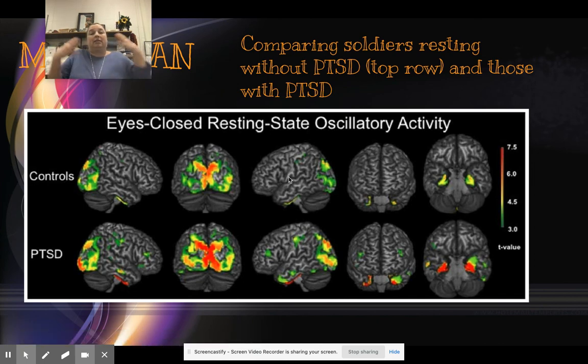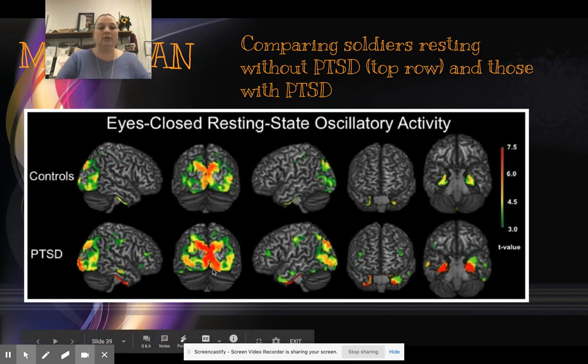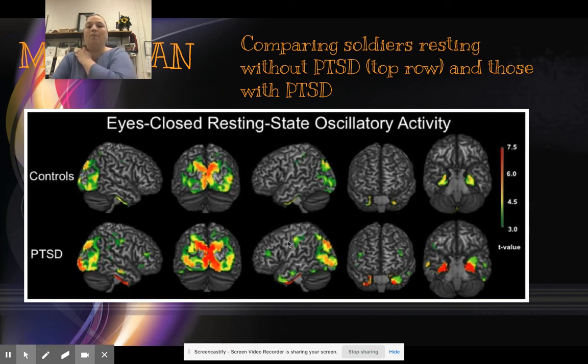They're just sleeping, for example, or just sitting there calmly. And you'll see what parts of the brain are lighting up. And then here you see the soldiers with PTSD, and you'll see that they're much more active, and more parts of the brain are firing even while they're in resting state, and they just can't calm those memories down. So kind of interesting.